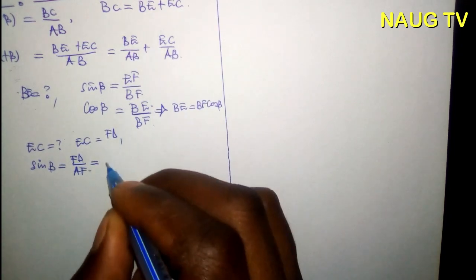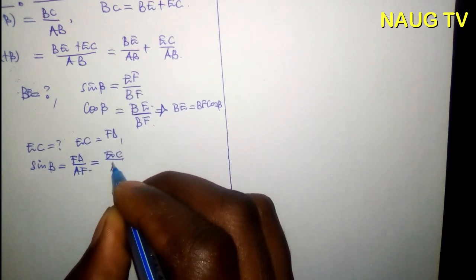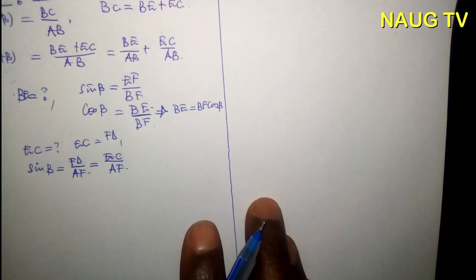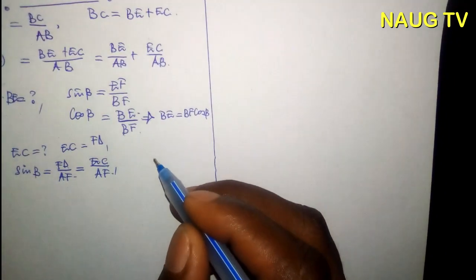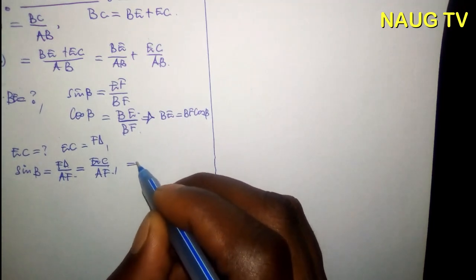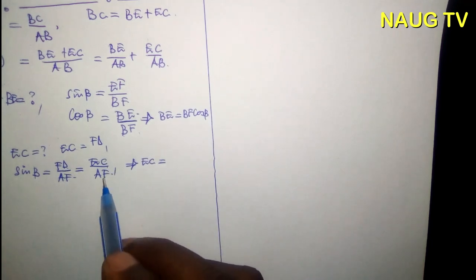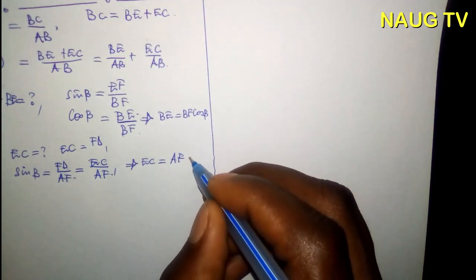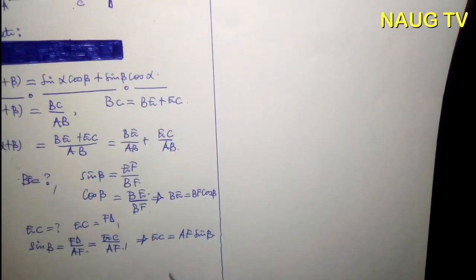So this would become EC over AF, right? So here, as we can see, EC is equal to, by cross multiplication again, AF times sine of beta, right?